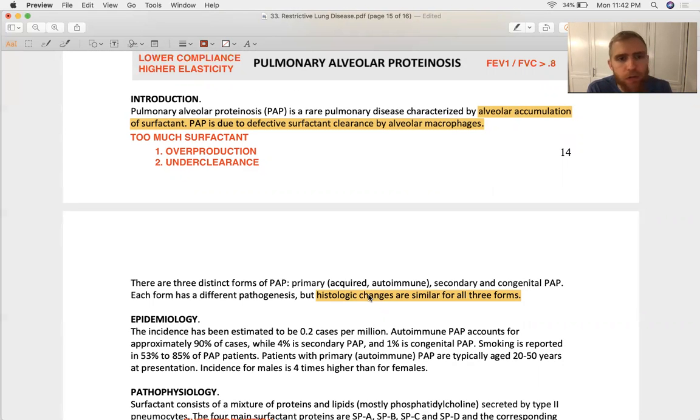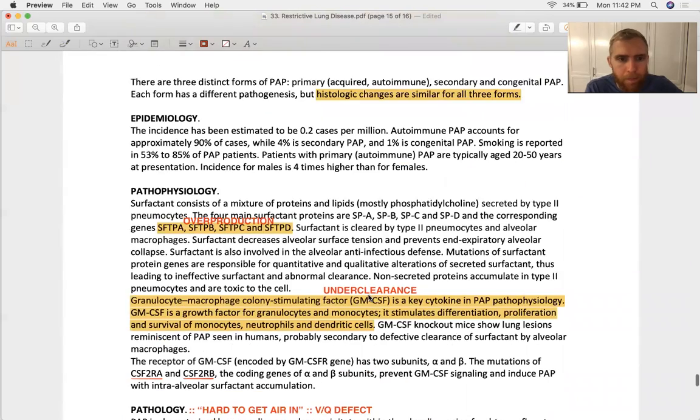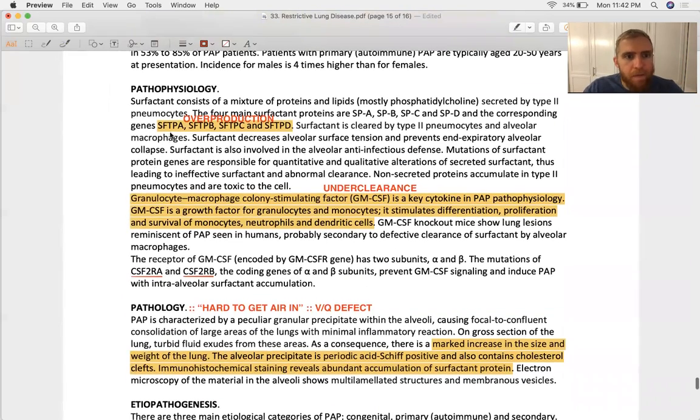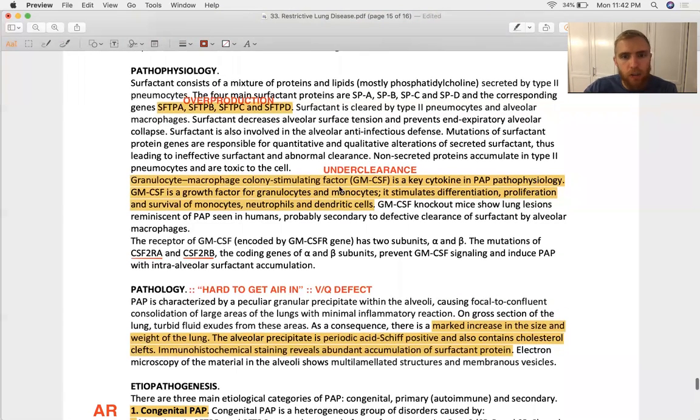And your macrophages are responsible for clearing it out. A lot of genetics involved here: the SFTP A, B, C, and Ds. Those are your overproduction genes, your surfactant protein genes, and then granulocyte macrophage CSF.